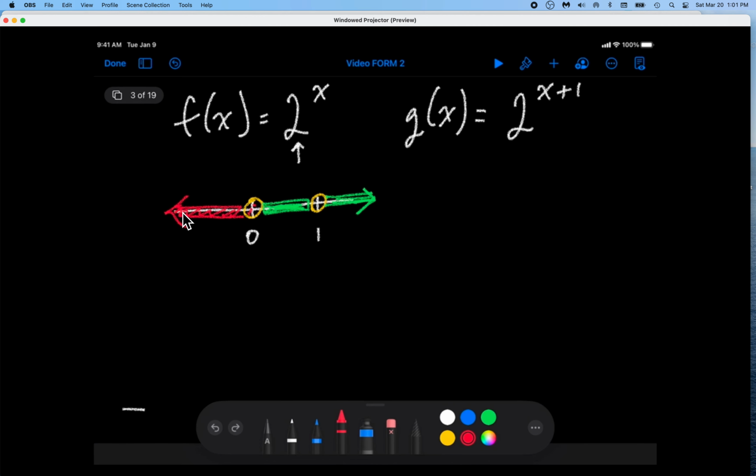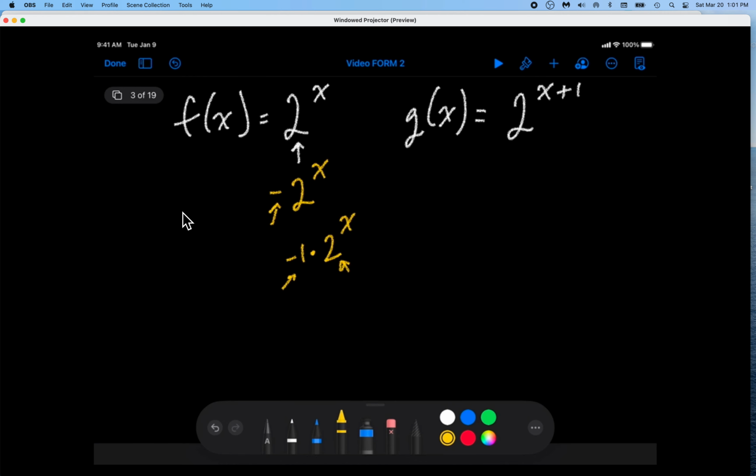Just to be specific about this, if this was negative 2 to the x, that would be a legal exponential function, because that negative really refers to a negative 1 times 2 to the x. And because of PEMDAS, we would do the exponent first and multiplication second.